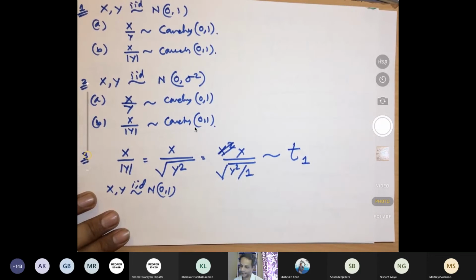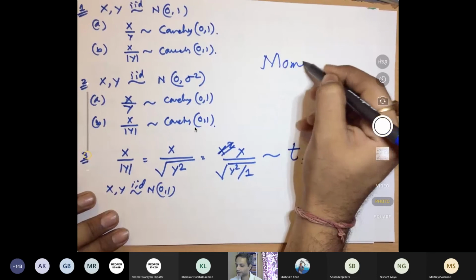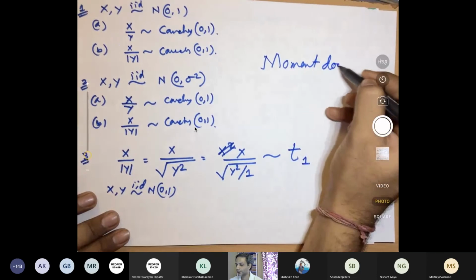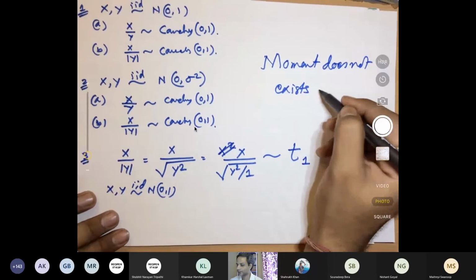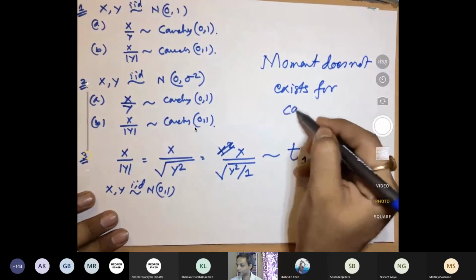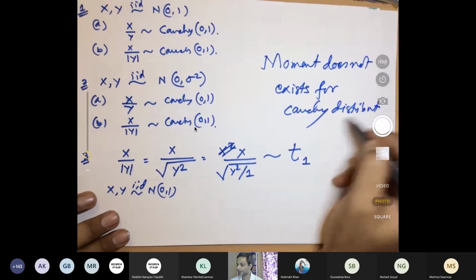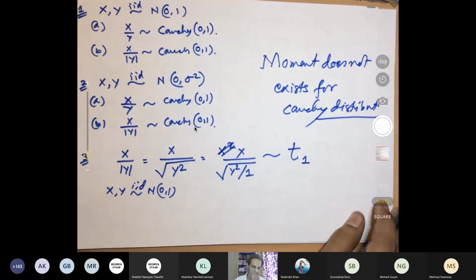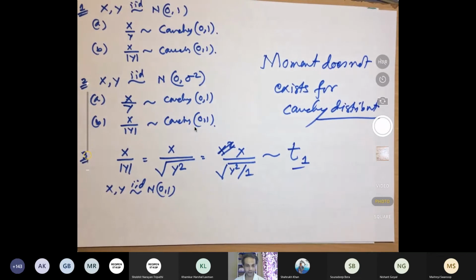Okay, and moment does not exist for Cauchy distribution. Don't forget that. Moment doesn't exist for Cauchy distribution, as a consequence T1 distribution. So if you see, maybe here also we can draw it.